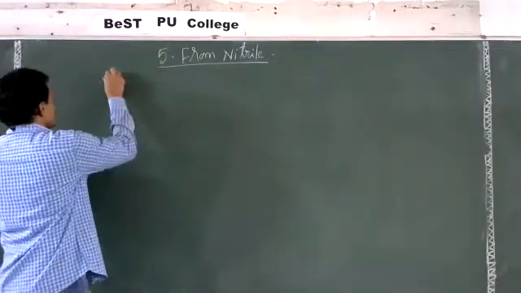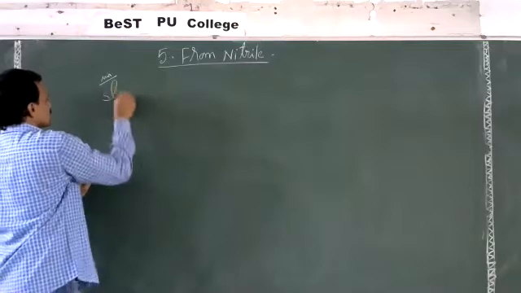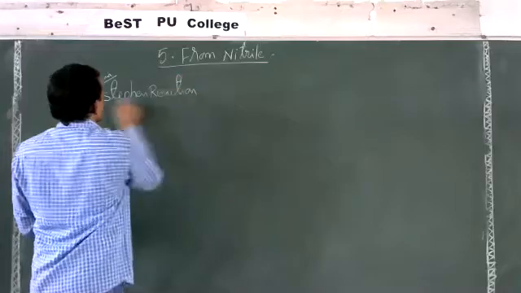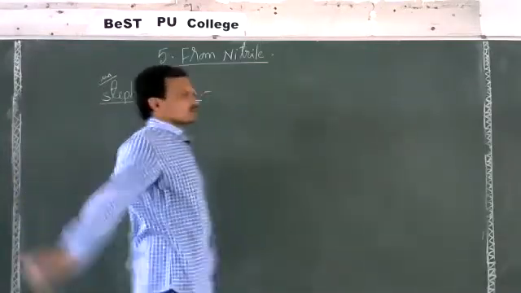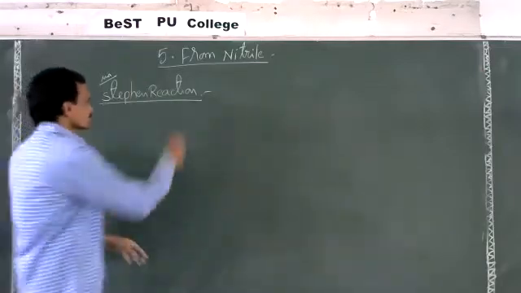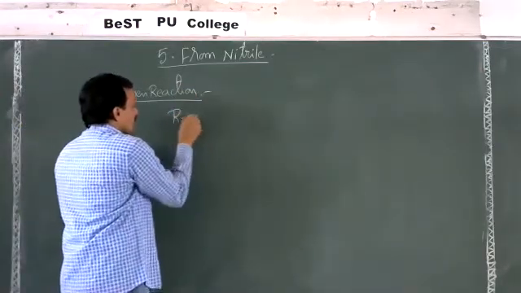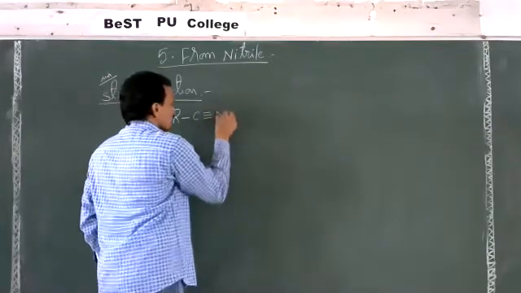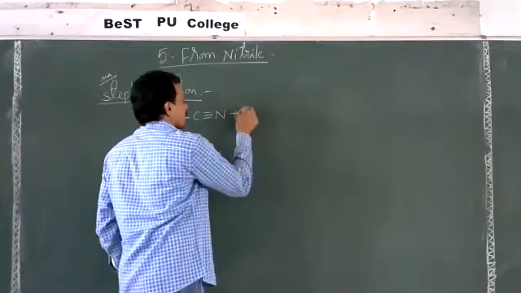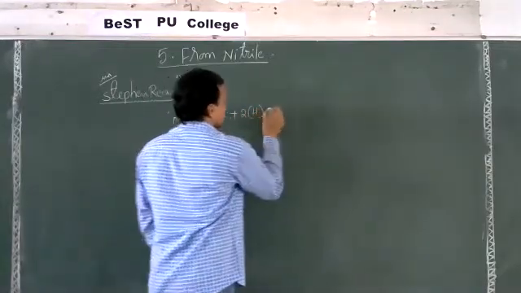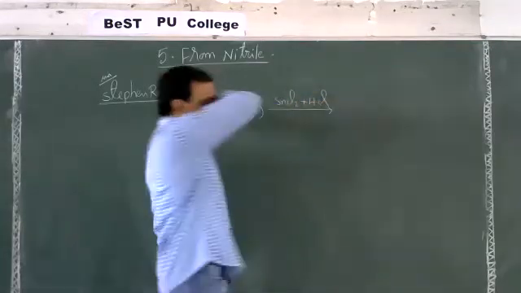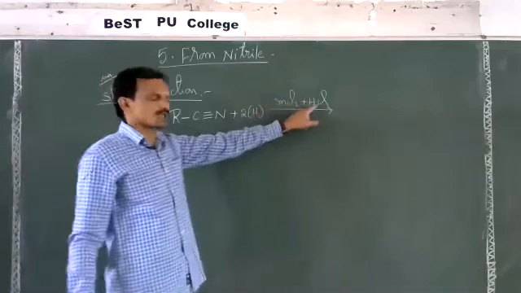This is also an important named reaction, the Stephen reaction. Right. So this Stephen reaction is of a nitrile. First of all, let us write the general equation here. RCN, C triple bond N. This is a nitrile. So this nitrile on reduction in the presence of SnCl2 plus HCl, nothing but stannous chloride plus hydrochloric acid.